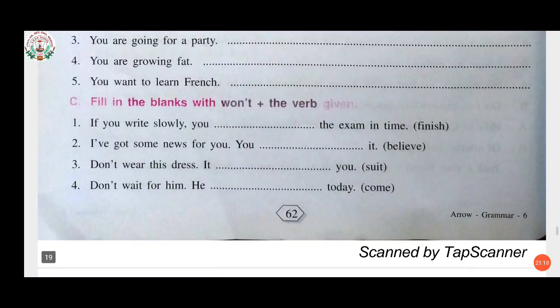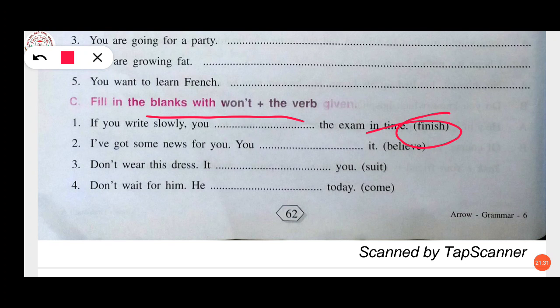Like this. Now see the negative one you have to make over here. That is, fill in the blanks with won't plus the verb. Simply you have to add won't, and with that the word given in the bracket. Like the first one, if you write slowly, you won't finish the exam in time.